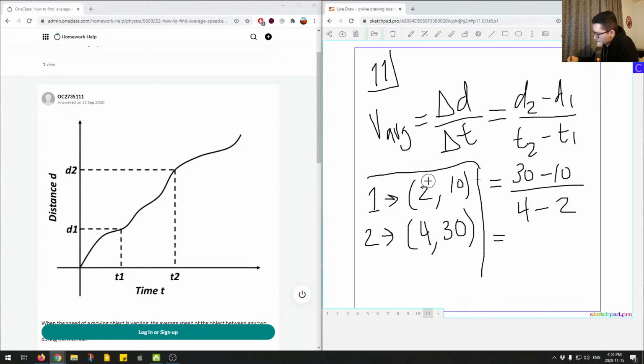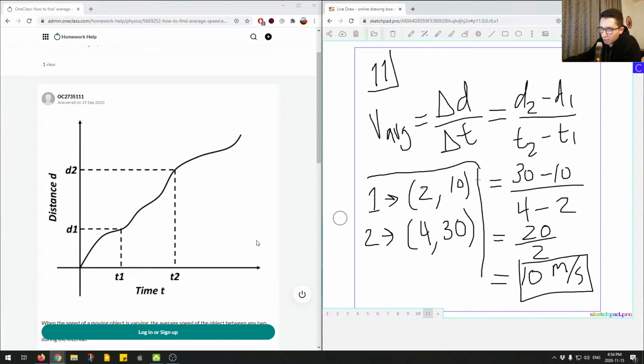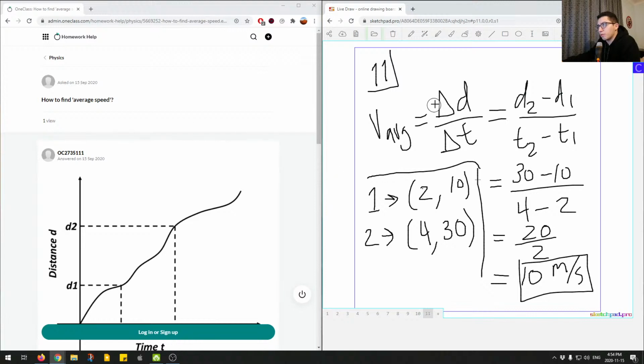So 30 minus 10 is 20, 4 minus 2 is 2, and 20 divided by 2 gives us 10 meters per second. And that will be the average velocity for this example. This is a rough example of how you'd find the average speed, but the main equation you want to use is this right here, for any question where you have to calculate the average speed of a system.